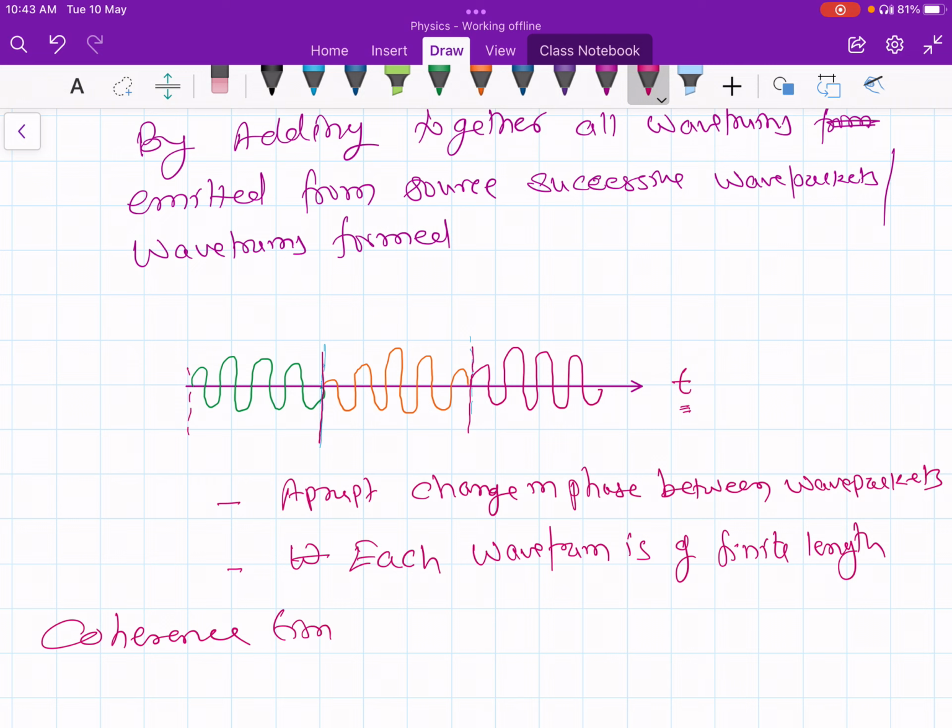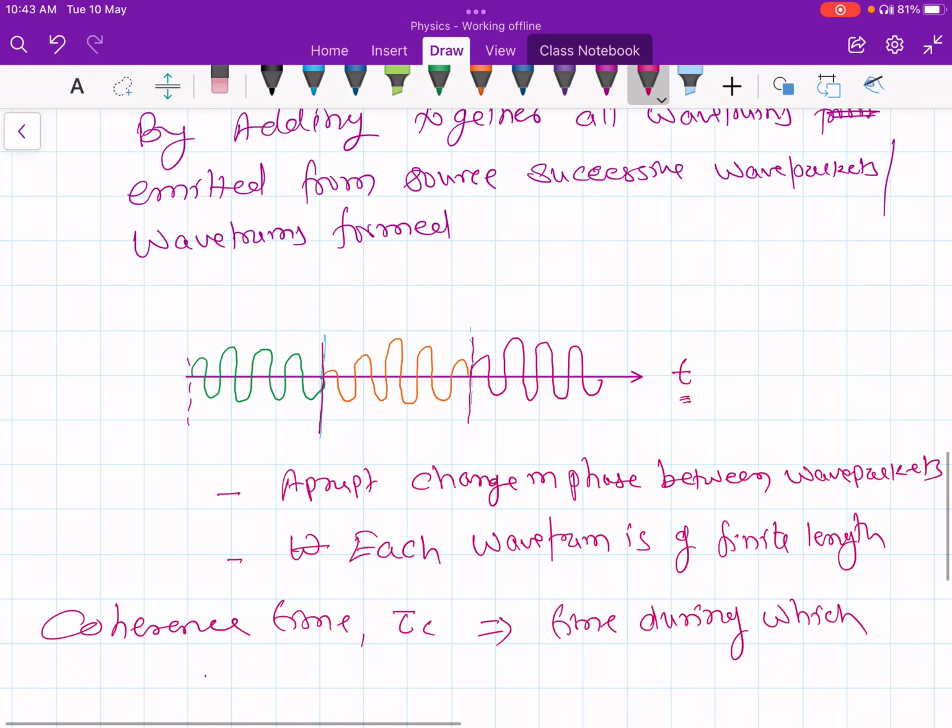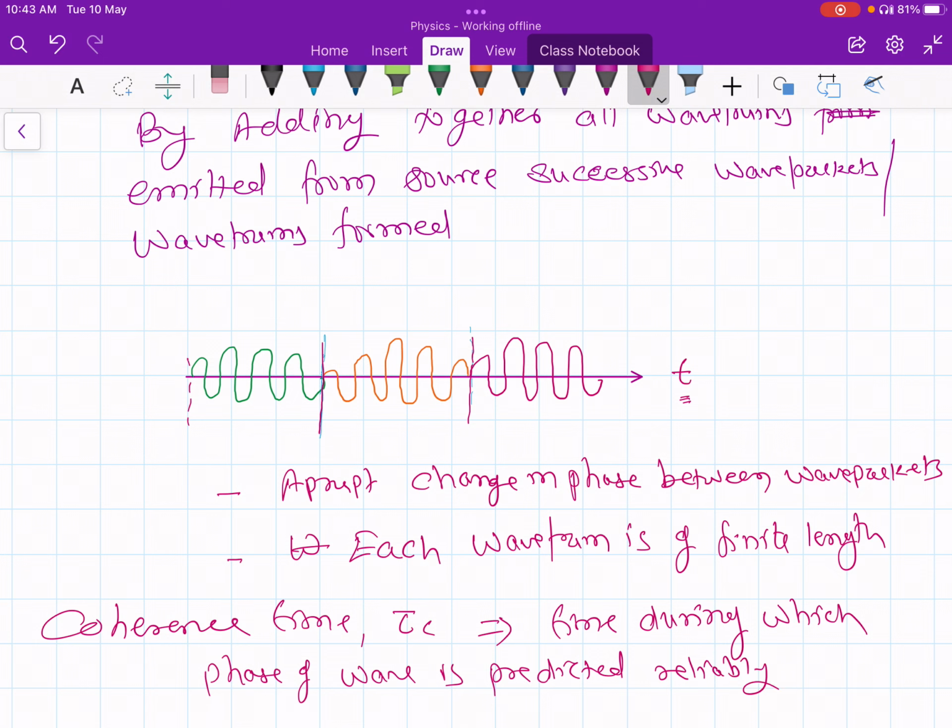Coherence time, denoted by the letter tau c, is nothing but the time during which the phase of wave is predicted reliably. Then that time is called the coherence time.